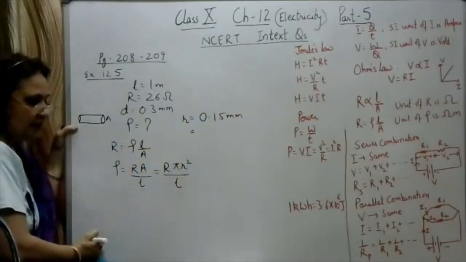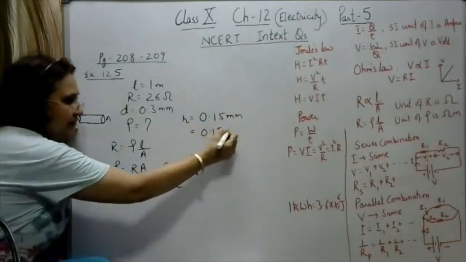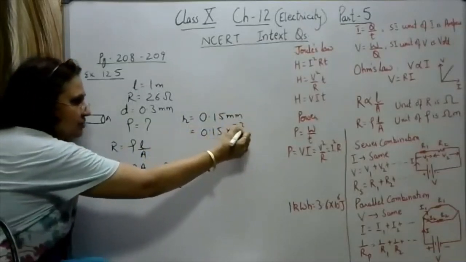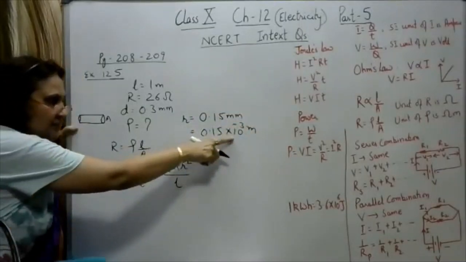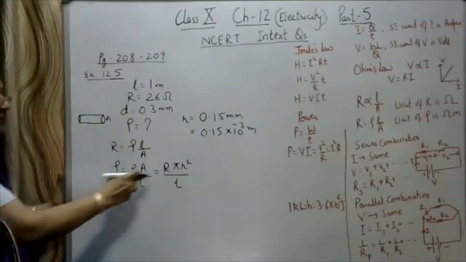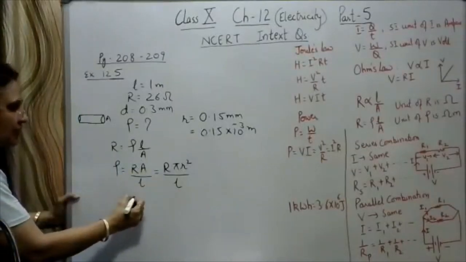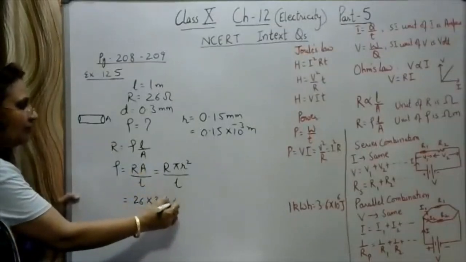0.15 millimeter is equal to 0.15 into 10 raised to the power minus 3 meter. 0.15 upon 1000, that is, it can be written as 0.15 into 10 raised to the power minus 3 meter. Now you can substitute it over here. Resistance is 26. Pi, you can take it to be 3.14.